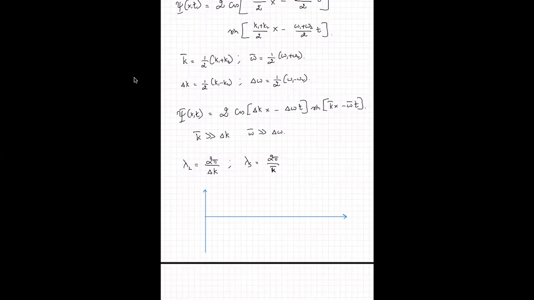So one of these has a very short wavelength, so it keeps going up and down very fast, like this. Okay. The second one with a longer wavelength is the envelope of the first. I'll use a different color if that would make it a little better.